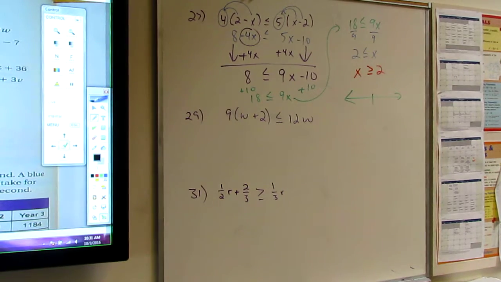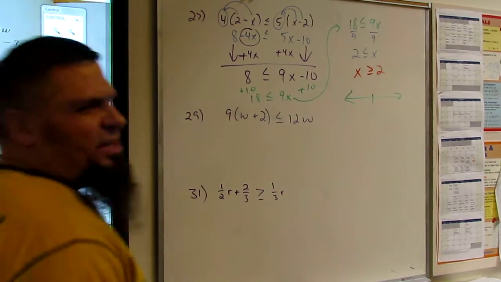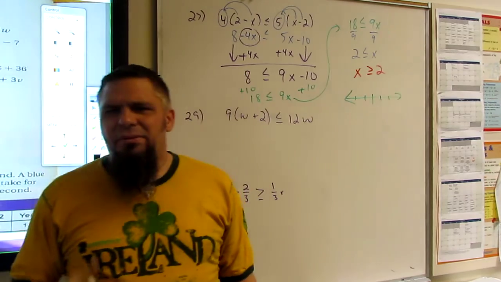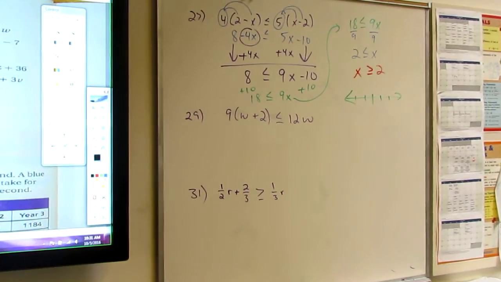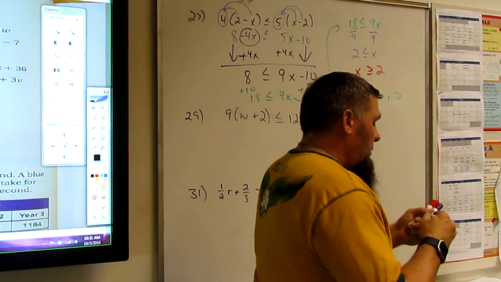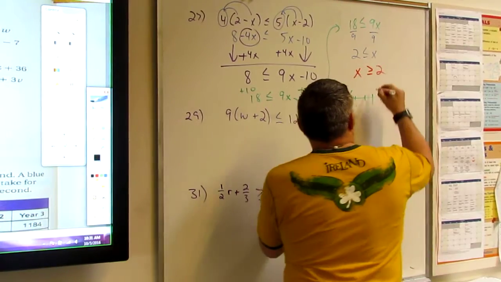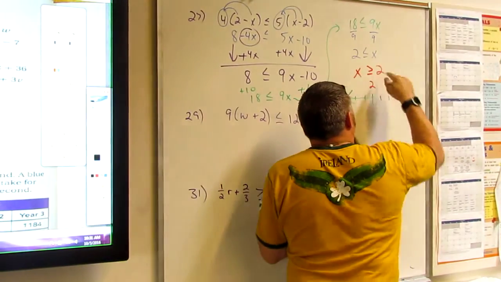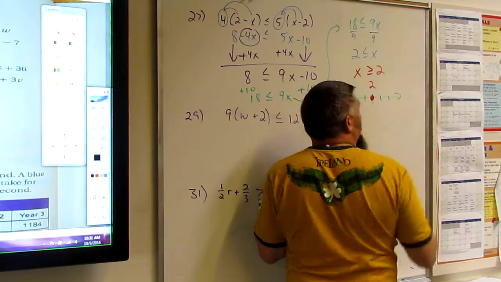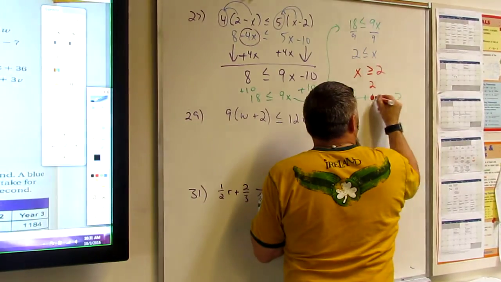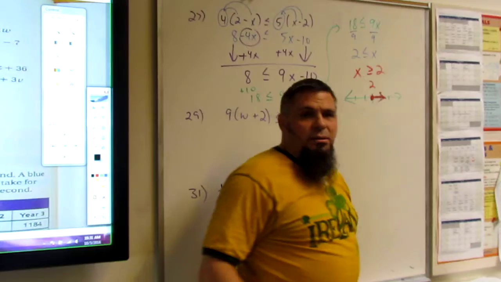I mean, on the test, you're going to have to fill in, not on my test, but on the EOC, you're going to have to fill in the other ones. Not for me. As long as I know you know what goes here is the 2. As long as I know that you see this is a line, so you see that this is a solid, and that this arrow goes that way, so you know it goes this way.